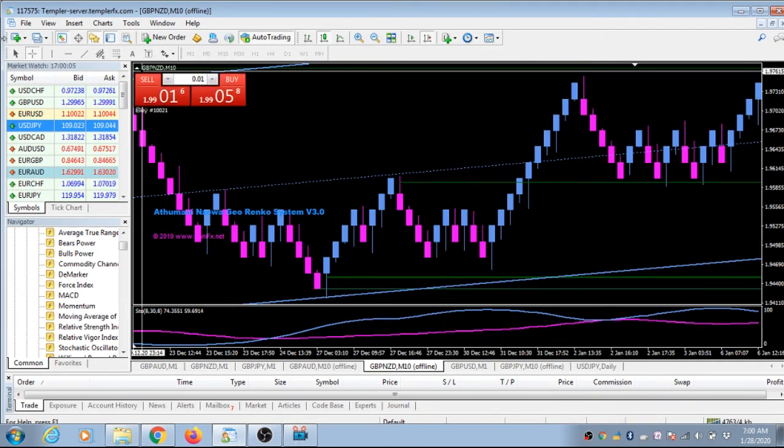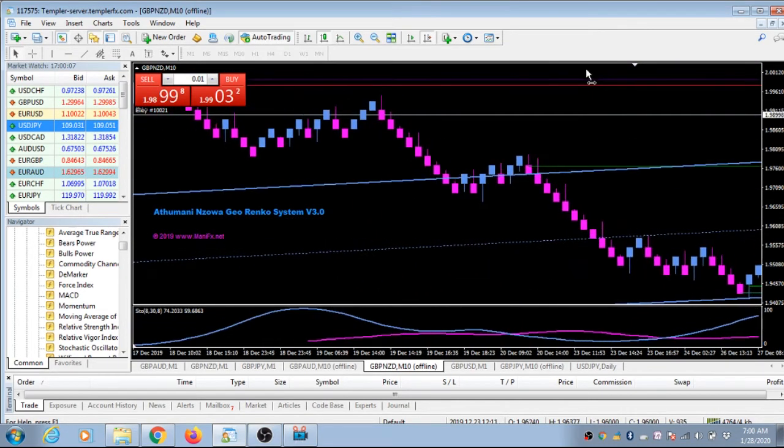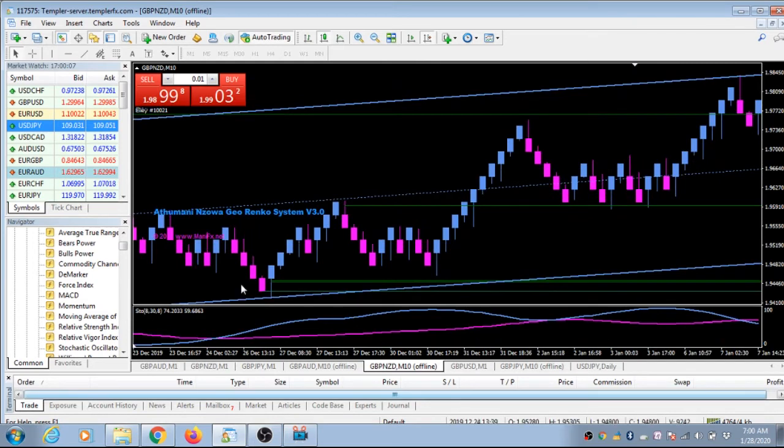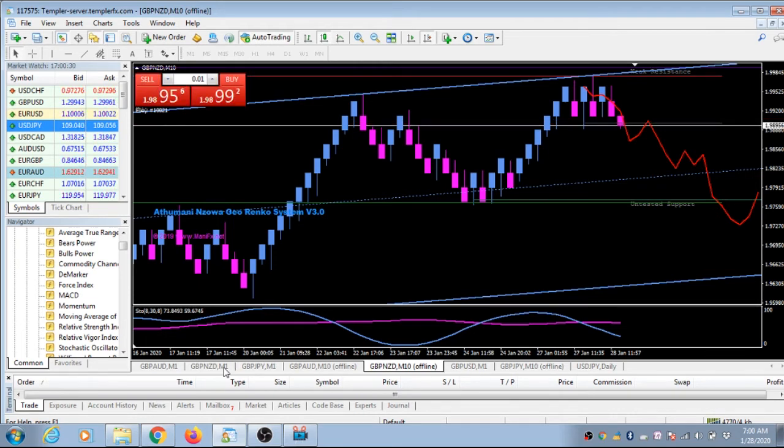So let me go back. This is how it would look. So probably you have the standard Renko, and then you have something very similar to this one. But at the end of the day, even the setup of my Renko chart is a bit different from the standard Renko chart.